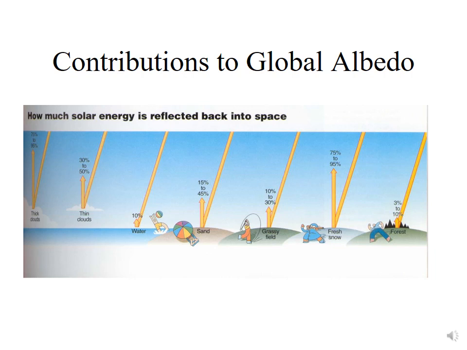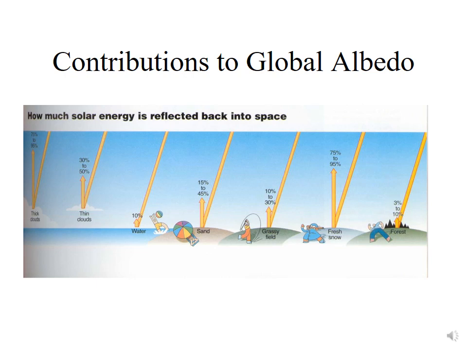So let's look at these contributions to the global albedo. The brightest objects on our planet are the thick clouds and fresh snow. Fresh snow can reflect up to 95% of the incoming solar radiation, as can thick clouds. If you have thinner clouds, they're much more transparent, and they can reflect anywhere from 30 to 50% of the solar radiation back to space.